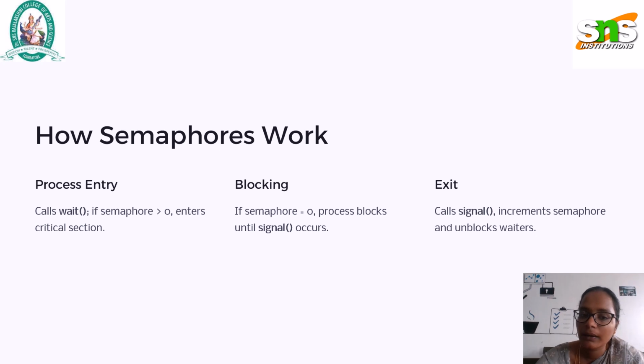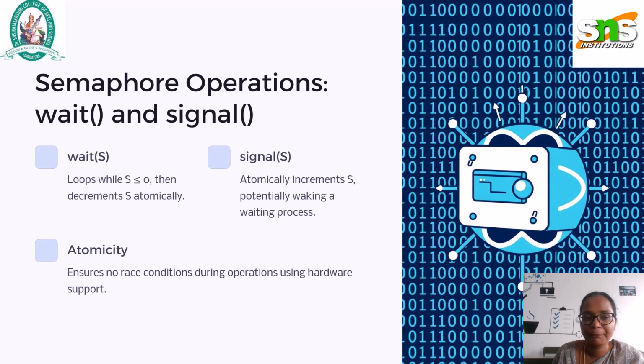Next, blocking means semaphore equals 0, so until you receive the signal from the other process you want to wait. Next, exit means you will pass a signal, so based on getting the signal you can execute your process. So these three things we need to consider in semaphore.